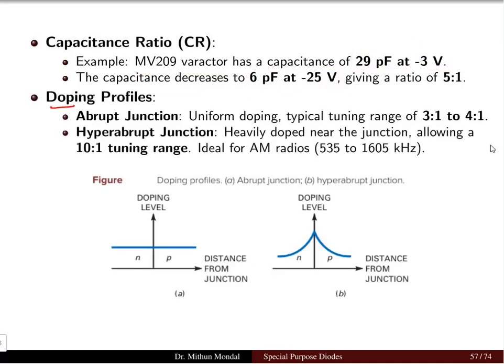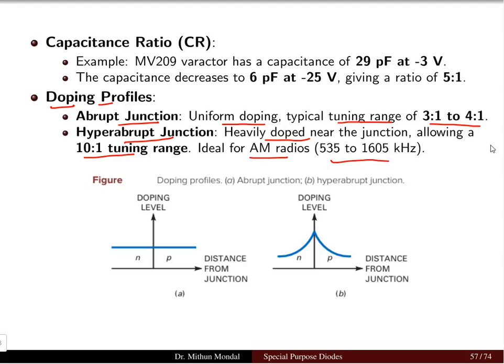If we talk about the doping profile, there is the abrupt junction. When the doping is uniform, the typical tuning range lies between 3:1 and 4:1. Whereas a hyperabrupt junction, heavily doped near the junction, allows a 10:1 tuning range, which is ideal for AM radios working in the frequency range of 535 to 1605 kHz.